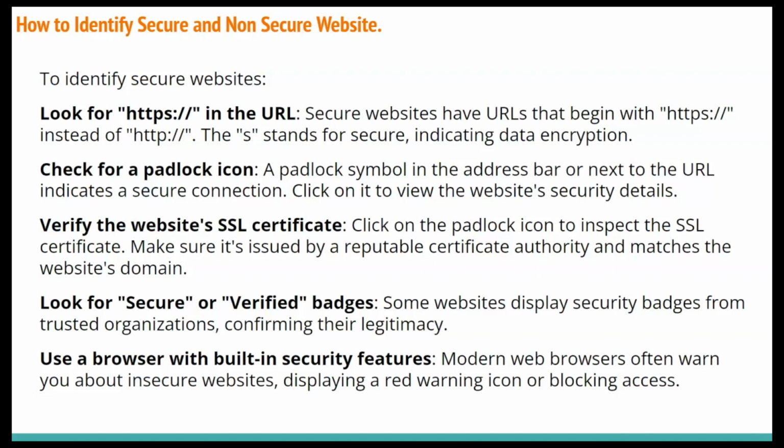It will give you a red warning, like you might have seen, this connection is not secure, or it will provide blocking access as well. So if you use a browser with this built-in security feature, it would be very easy for you to identify which website is secure and which is not.